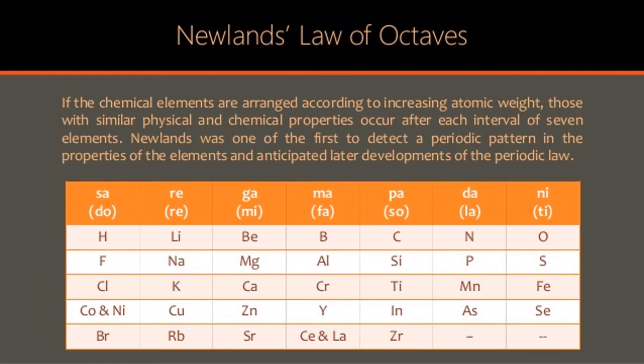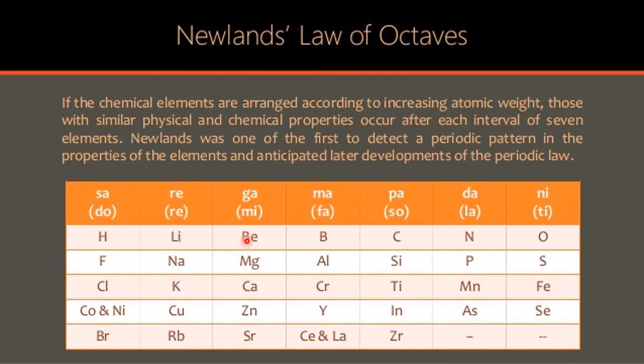The eighth element had properties similar to the first one. That means the properties were repeating when he arranged the elements in increasing order of what? Atomic mass. Here: hydrogen, lithium, beryllium, boron, carbon, nitrogen, oxygen, fluorine, and sodium. Let's start from lithium, the starting point.